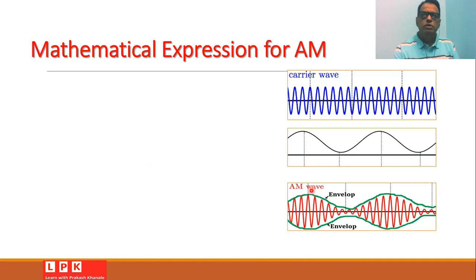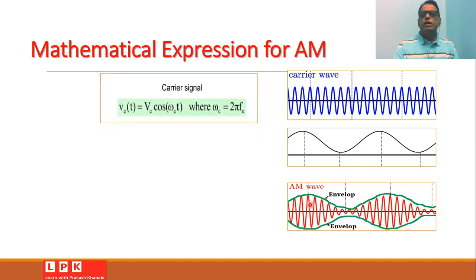And therefore, the shape of the AM wave will look like as shown in this diagram. One can easily observe that the outer curve of the AM voltage is called the envelope, and the shape of the envelope is exactly the same as that of the modulating voltage, while the frequency of the carrier wave will remain the same.